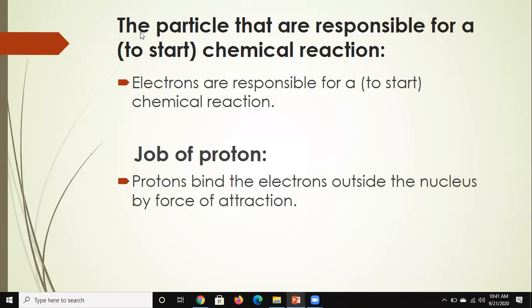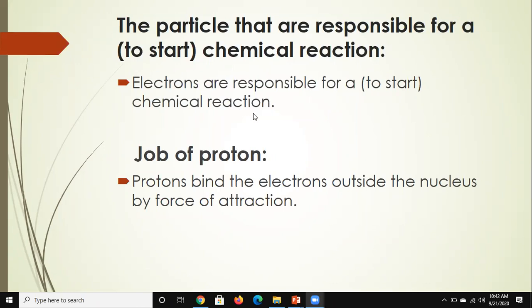Yes, we are saying the particles that are responsible for starting a chemical reaction are electrons. Look, it's the same thing: acid plus base gives salt plus water, or sodium plus chlorine, right? It will give us sodium chloride, a common salt.